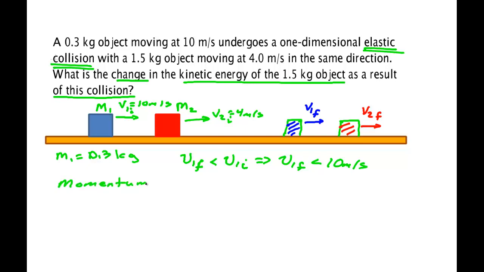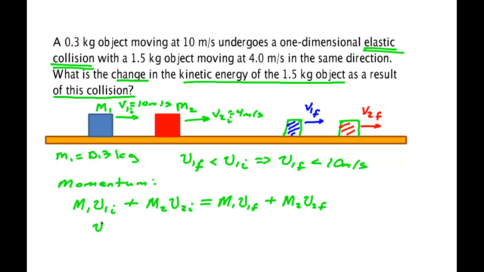So to do a collision, the first thing we need to use is momentum. I have initially M1 V1 initial plus M2 V2 initial has to equal M1 V1 final plus M2 V2 final. Now, I'm going to divide all of these by M1. It doesn't have to be M1, but that's the one I'm going to choose.